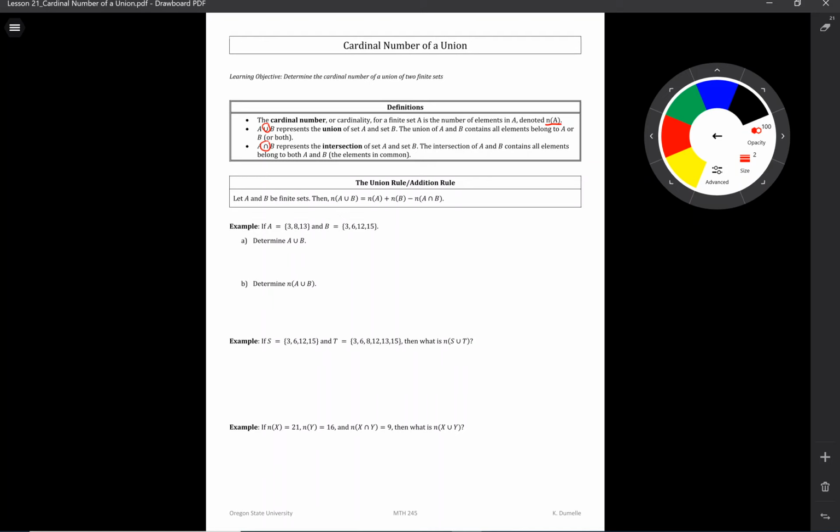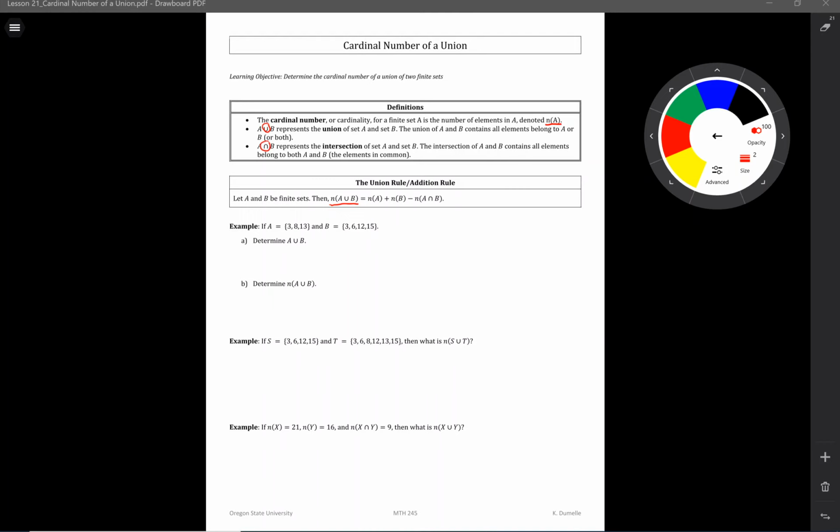These definitions will help us out with our rule here, the union addition rule. If I have two sets A and B, then the number of elements in the union of A and B is the number of elements in A plus the number of elements in B minus the number of elements in their intersection.